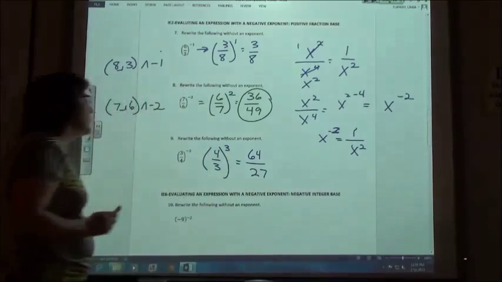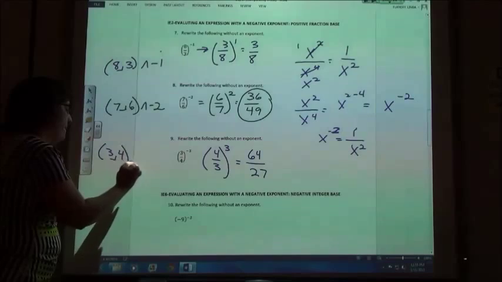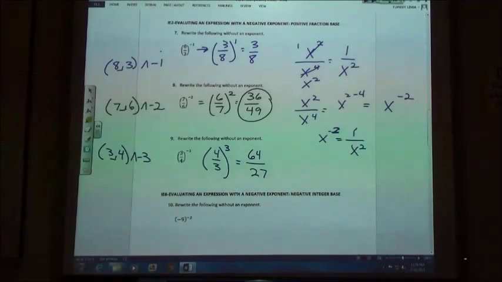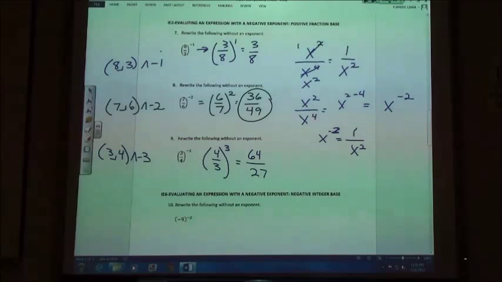Now what happens with this one when you do this one on your calculator? Oh, it goes to the mixed number.